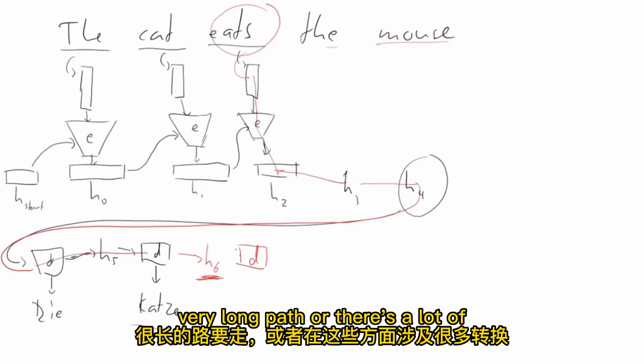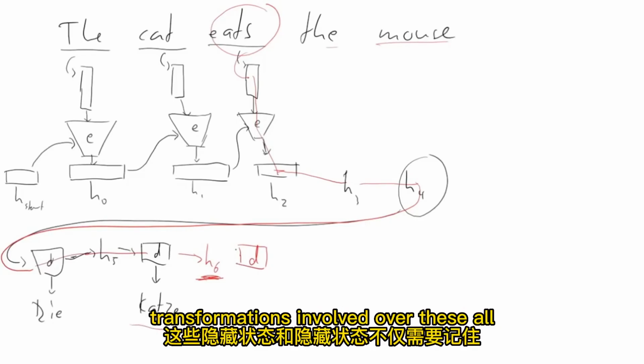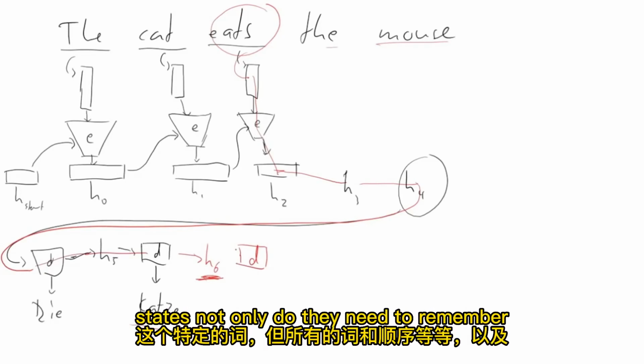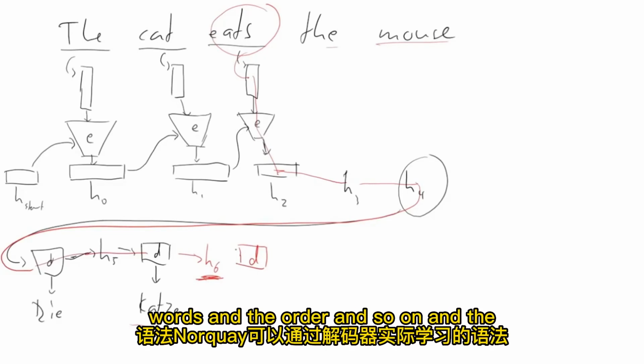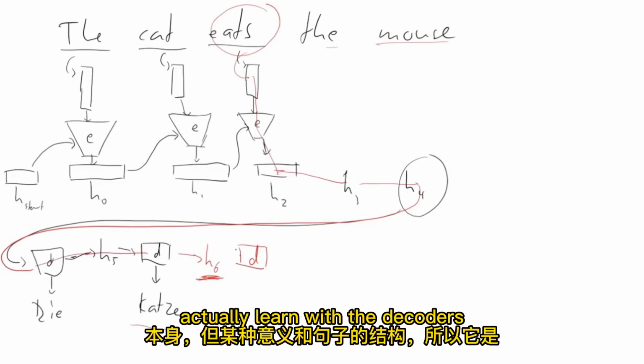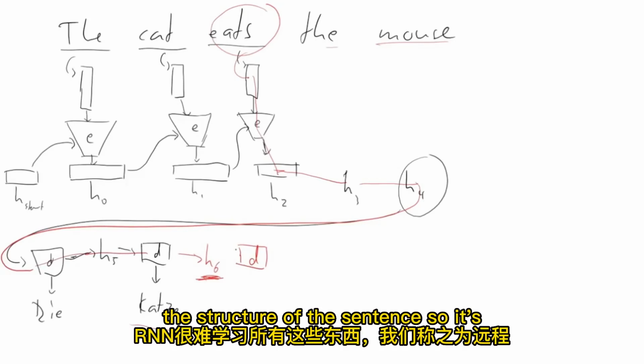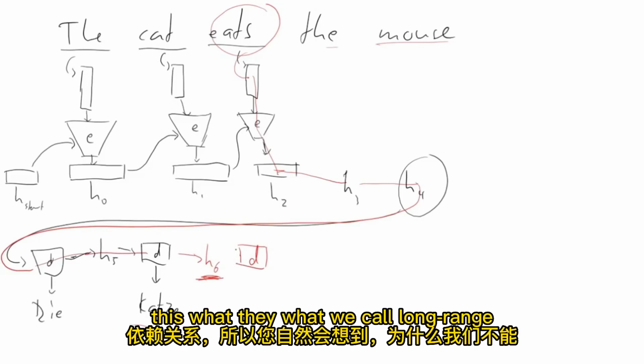There's a lot of transformations involved over all of these hidden states. And the hidden states not only need to remember this particular word, but all of the words and the order and so on, and the grammar. The grammar you can actually learn with the decoders themselves, but the meaning and the structure of the sentence, so it's very hard for an RNN to learn all of this, what we call long-range dependencies.